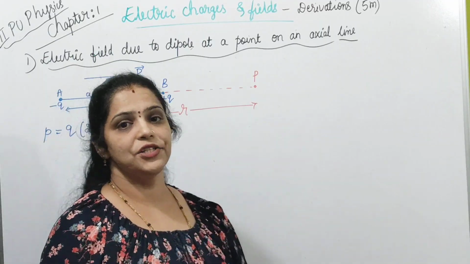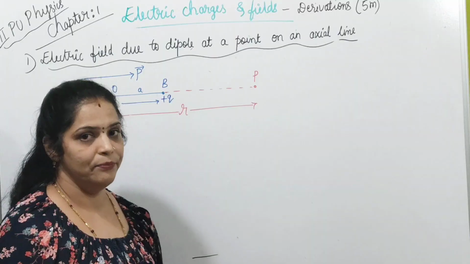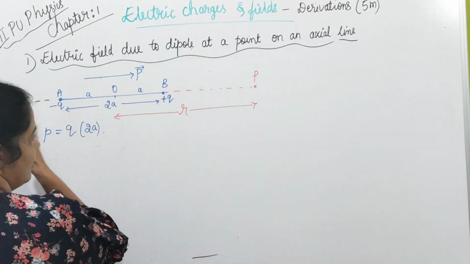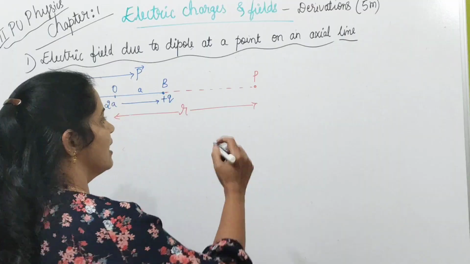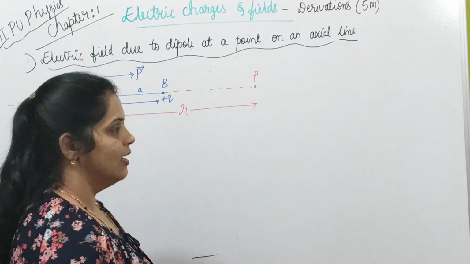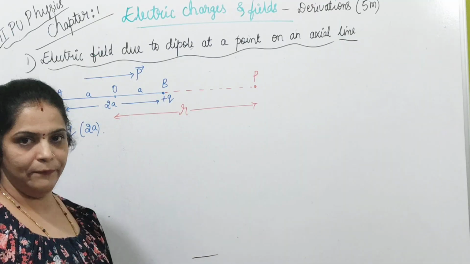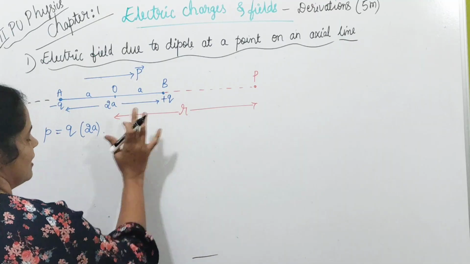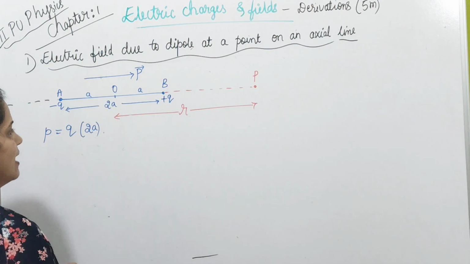Now, our intention is to get the electric field due to dipole on an axial line. Extend this line further on either side. That line is called the axial line. I'll take a point P on the axial line. Anywhere you can consider. Let this point be at a distance r from the center. Is it clear for you? The point P is at a distance r from the center.